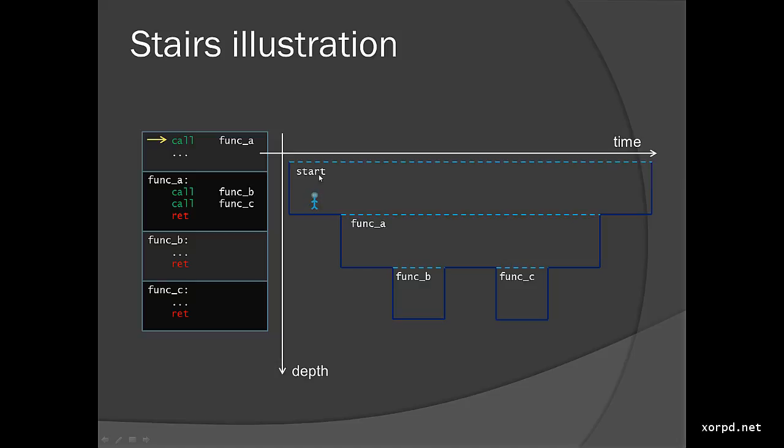Then, after we called func A, we spent some time inside func A, and during this time, we called two other functions, func B and func C. Maybe as an example, whenever we spent time inside func B, we were at the same time inside func A and also inside start.